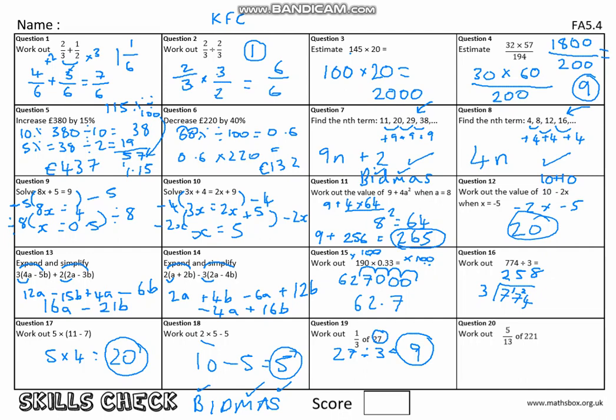It gets a little bit more difficult when the number on the top of the fraction is higher than 1, okay? So let's have a go at this one. So we've got 221 as our number, okay? And I know that I've split this into 13 parts, so I'm going to divide 221 by 13, and I would get 17, okay?